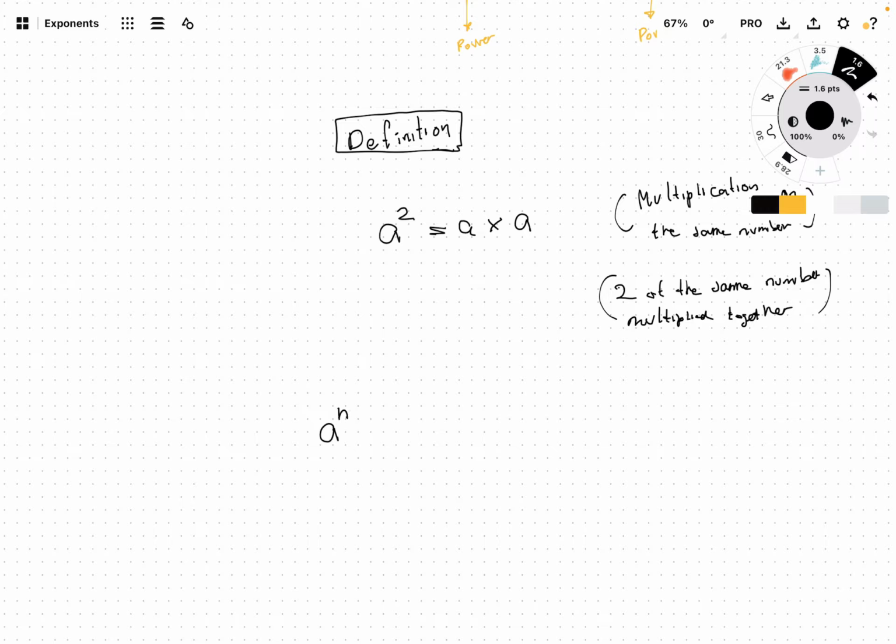But powers, a to the n in general, so it's not just 2, means you have n a's multiplied together.